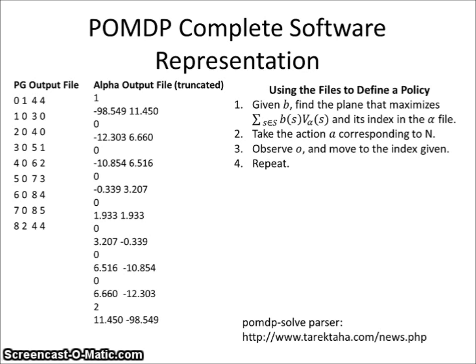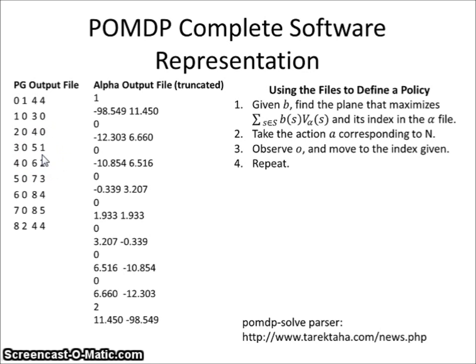So we're going to take the action 0, which in this case is to listen, and then we find out what the observation is according to the observation probabilities. It's either going to be left or right, and then we look at the column corresponding to left or right. So let's say it's right, the second one.